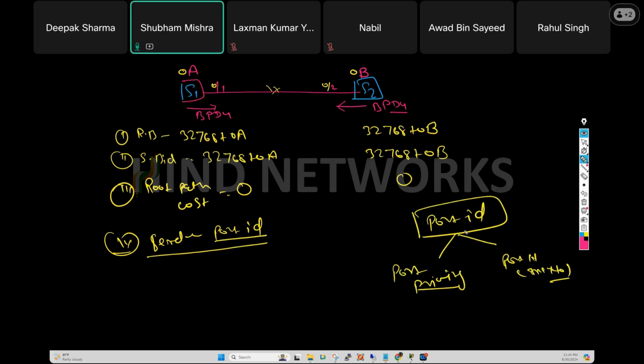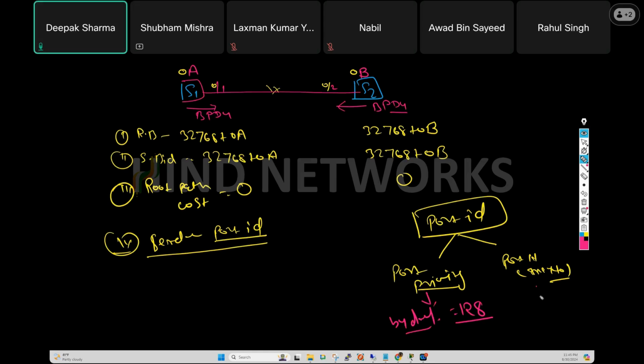Port ID is made up of two things: port priority plus port number, or you can say interface number. By default, the port priority is 128. And the port number is different for every interface.